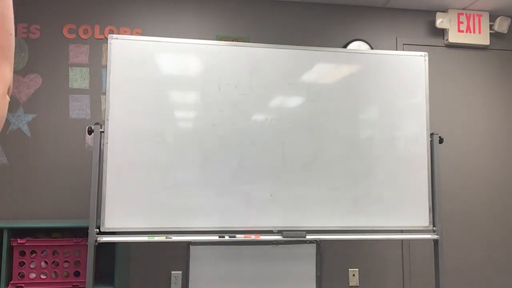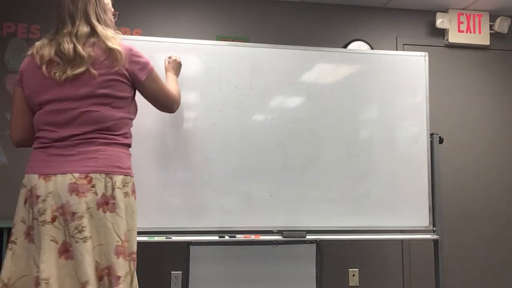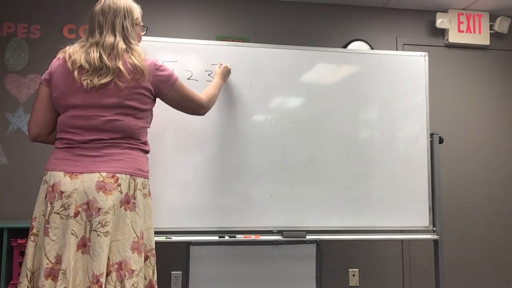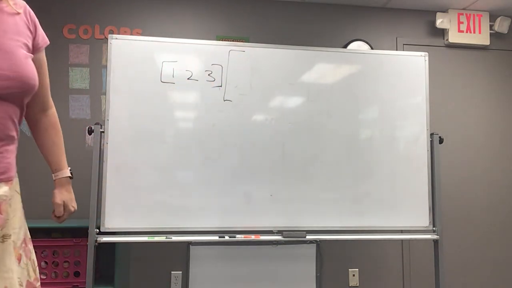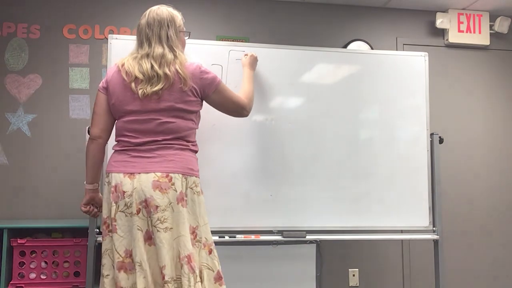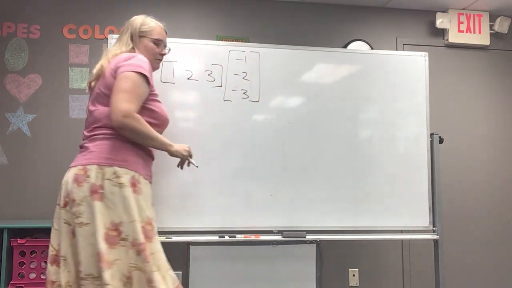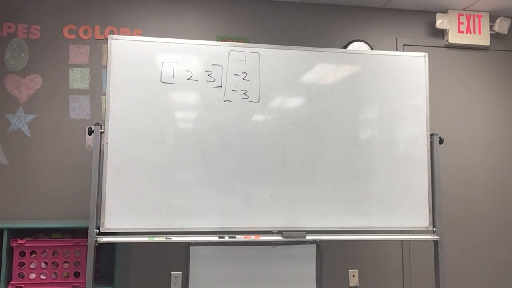All right. So specifically, we're looking at the product of 1, 2, 3, and -1, -2, -3. The first thing I'm going to ask is, what are the dimensions of our answer?